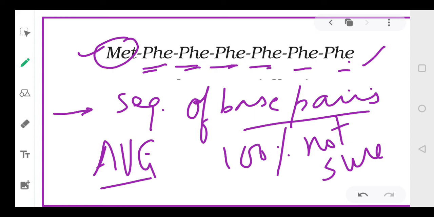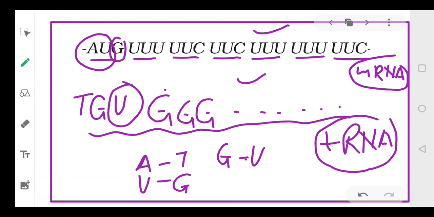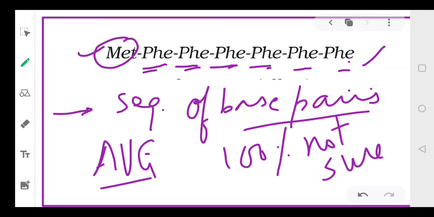I may try, but I cannot give 100% surety. But in this case, we can give, isn't it? Because the base pairs will always be complementary to the bases present on mRNA. Clear? Okay, dear students? I hope you've understood it.